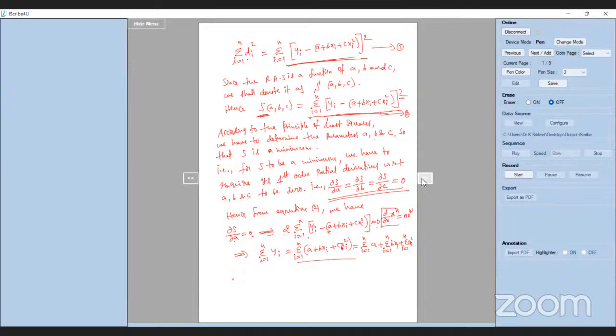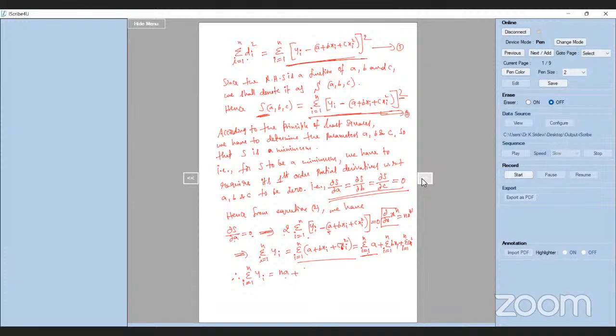Summation i equal to 1 to n yi is equal to, what is this a? n times a. From 1 to n, there are n a's, that means a plus a plus a and so on, n times, that is n into a. Na plus, b is a parameter, a constant. A, b, c are parameters.